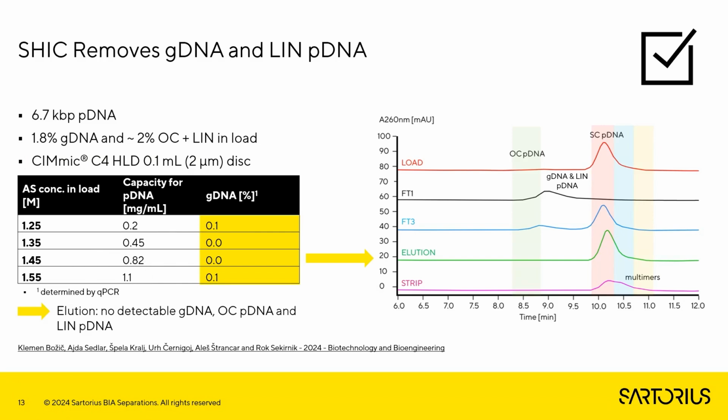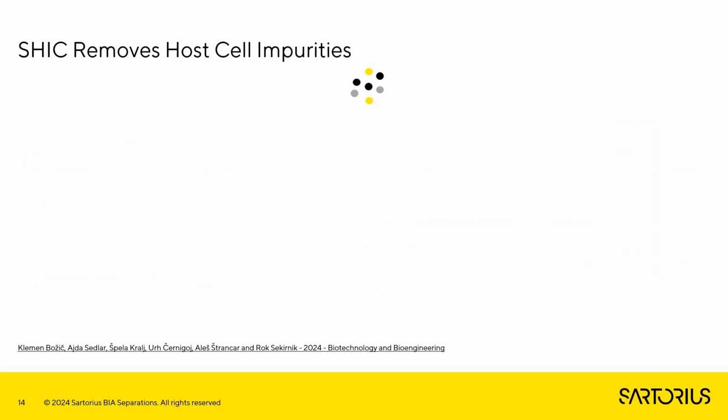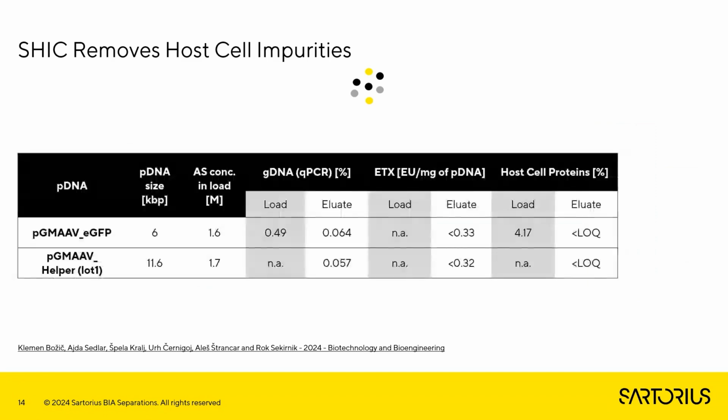There are also other impurities which need to be removed. So besides genomic DNA, we also tested removal of endotoxins and host cell proteins. In-process samples from several preparative runs from different scales, from 1 to 400 ml column, were analyzed. But to simplify the presentation, we only show data for 2 sizes of plasmid.